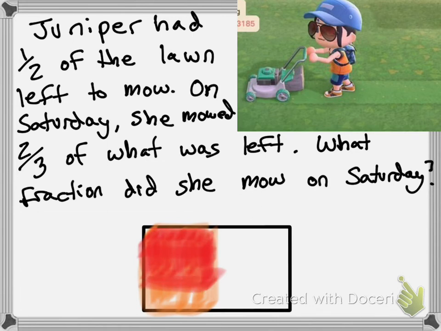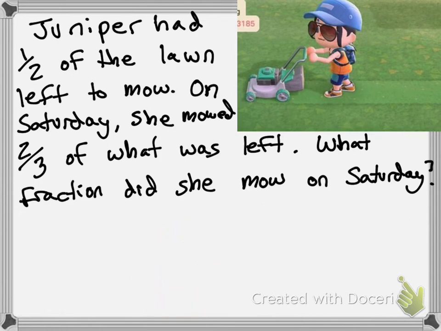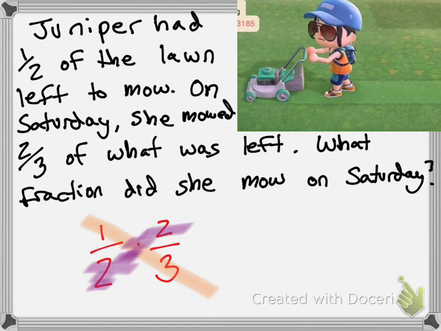So I want to find out what percent of what was left she mowed. We already know what we're doing in this chapter. We know it's multiplication. So we're doing 1/2 times 2/3. Excellent. 1/2 times 2/3. Let me see. Emil. So Emil says we see matching numbers. What matching numbers do you see?